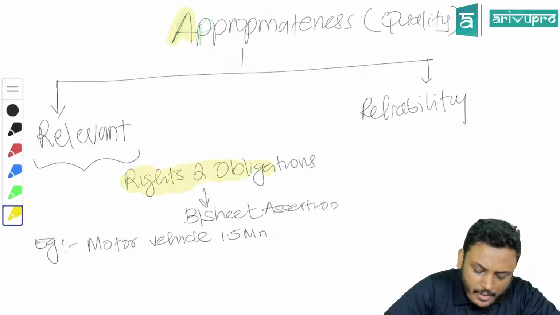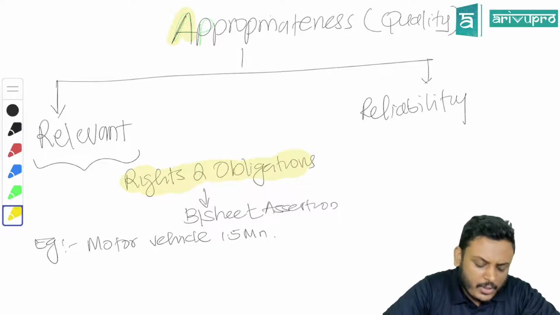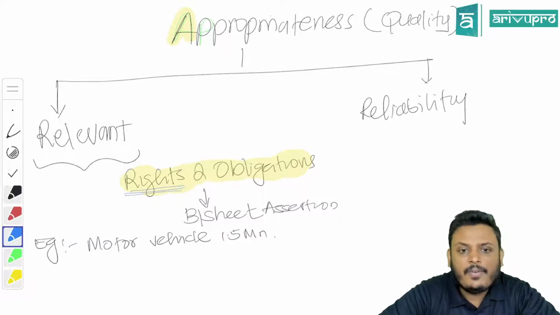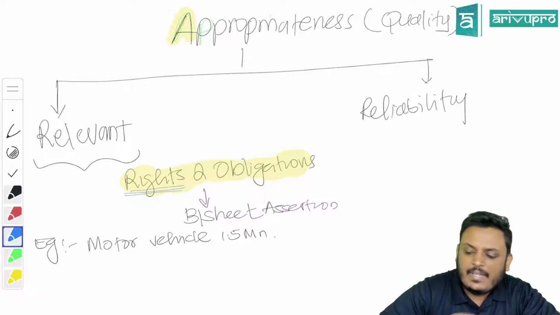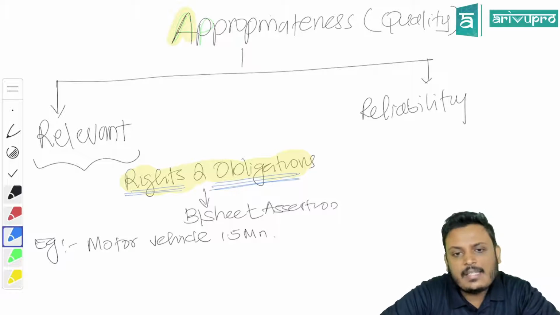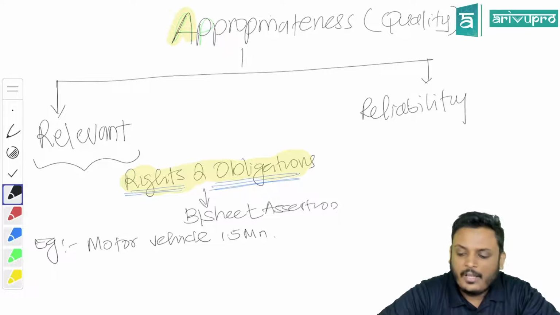Rights and obligations. If it is an asset, it is rights. If it is a liability, it is an obligation. So now, the motor vehicle is 1.5 million, the balance sheet assertion is rights and obligations, and I'm going to verify this 1.5 million.